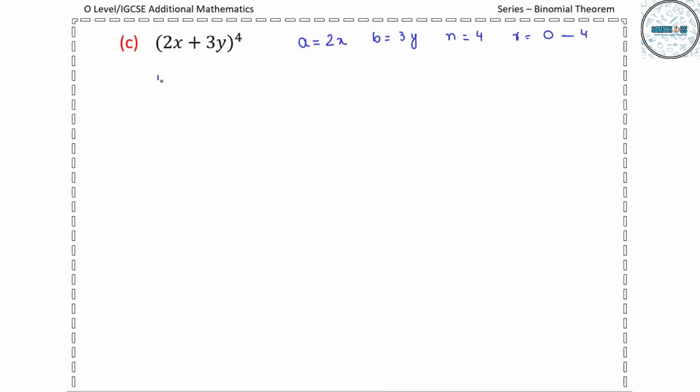First term is 4c0, 2x with power 4, 3y with power 0, which is equal to 4c0 is 1, 2x with power 4 is 16x power 4, 3y power 0 is 1, which is equal to 16x power 4.